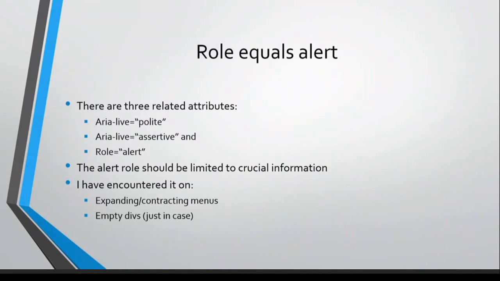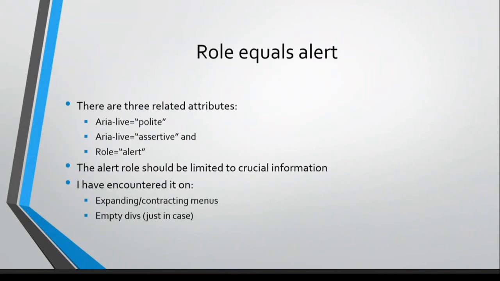Role equals alert. This is another one that can be quite frustrating. There are three related attributes: ARIA live equals polite; ARIA live equals assertive, which, as the name suggests, is a bit more intrusive; and role equals alert.